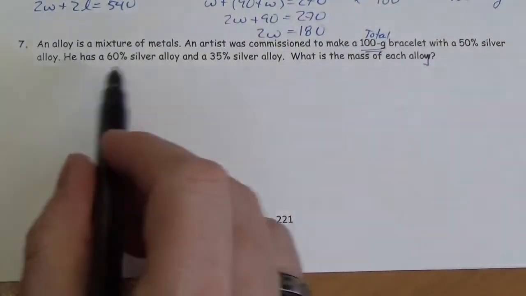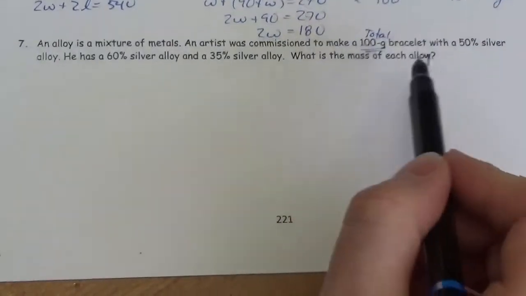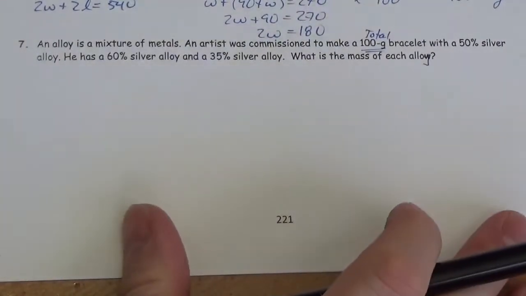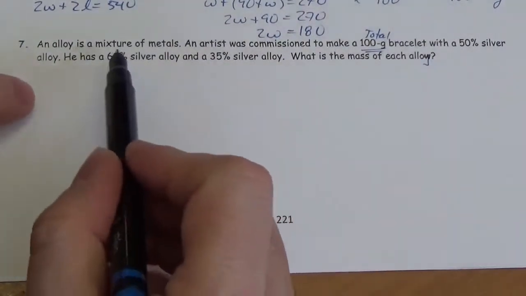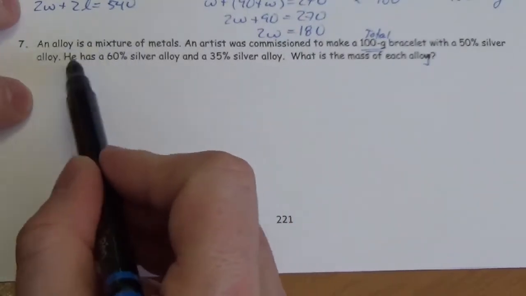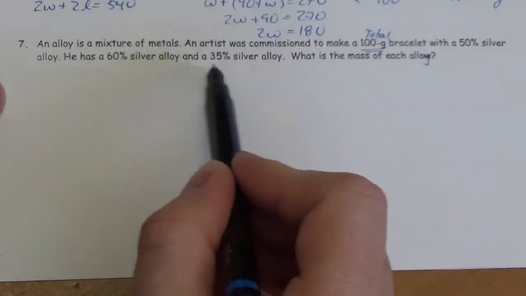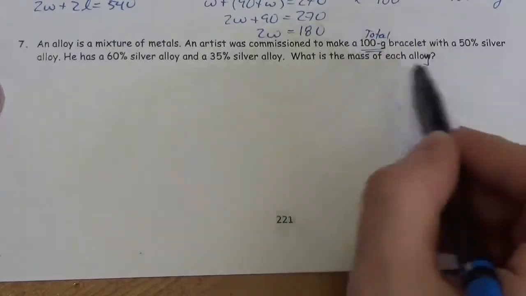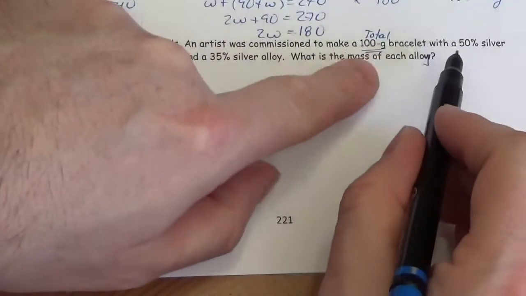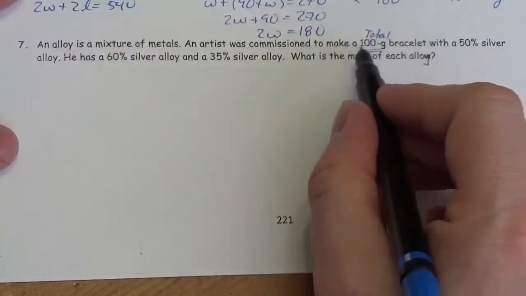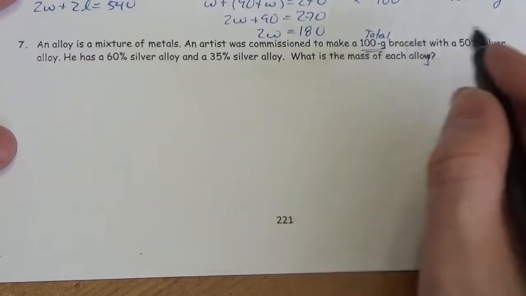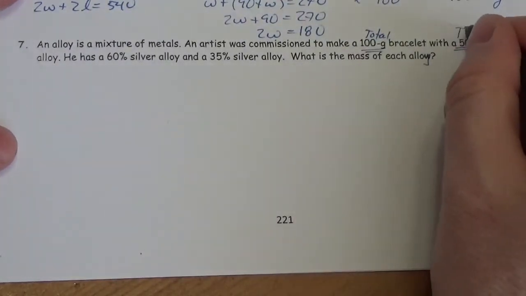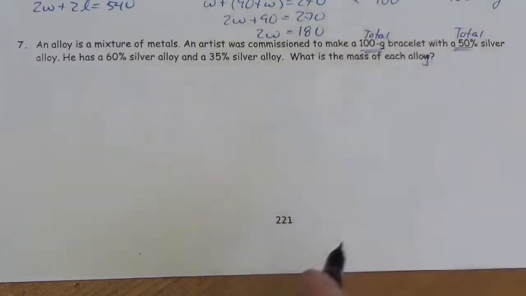So I'm going to mix these two up to get this one. And it's important that you can kind of get a visual on that. I am taking a certain amount of this mixed with a certain amount of this, and I am hoping to get this. So actually, this is giving me 2 totals. Not only is it giving me the total mass of the bracelet, it's also giving me a total amount of silver in there.